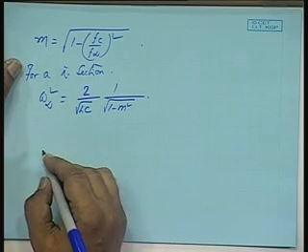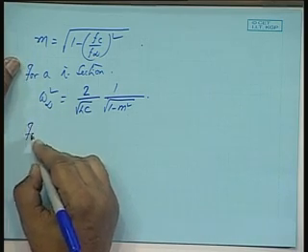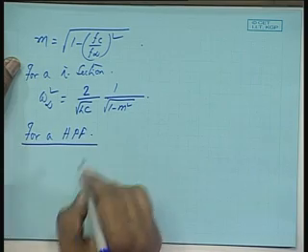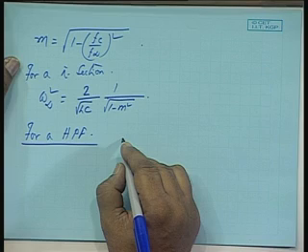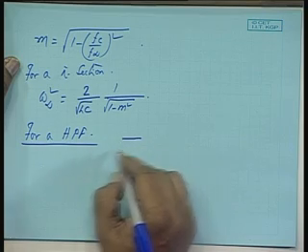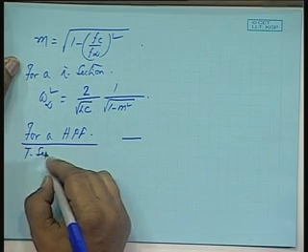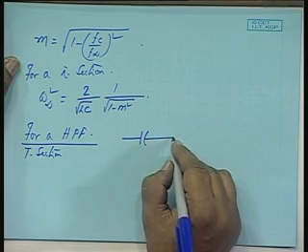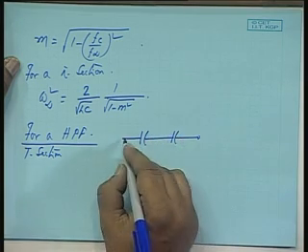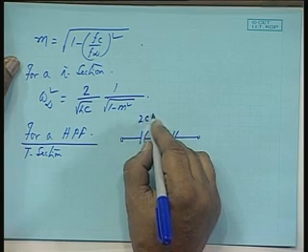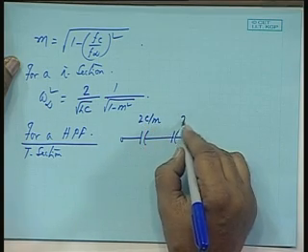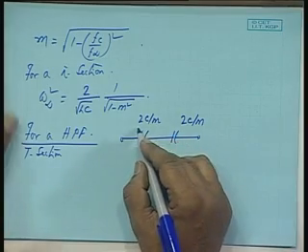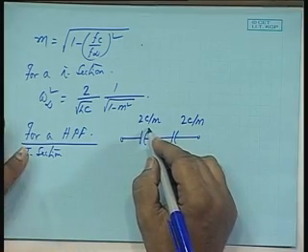Okay. For a high pass filter, therefore, for T section we have 2C by m, 2C by m, because it is mZ1 by 2.